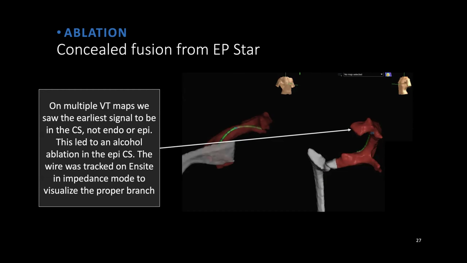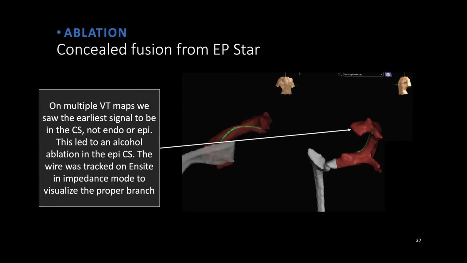To make the whole story short, we were able to do entrainment mapping from the tachycardia, and we were able to demonstrate a short TCL PPI with concealed conduction. All these technical terms I mentioned are basically to try to sell the idea that that was the area of interest.